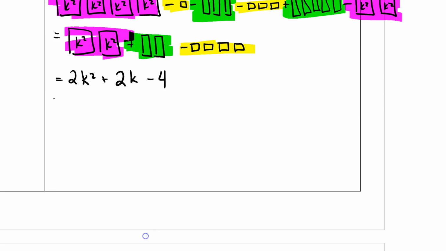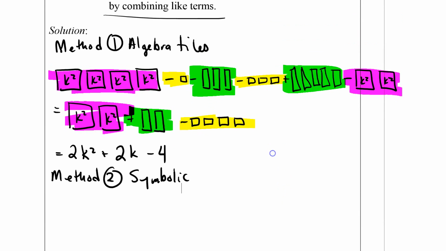Let's try method 2, symbolic. Just to rewrite the question here, I'm going to say 4k squared minus 1 minus 3k minus 3 plus 5k minus 2k squared.